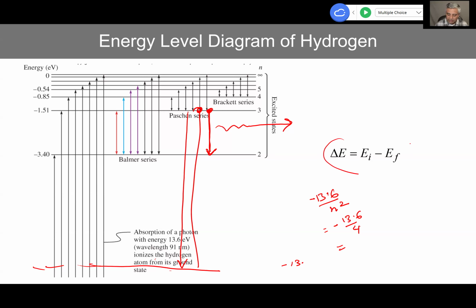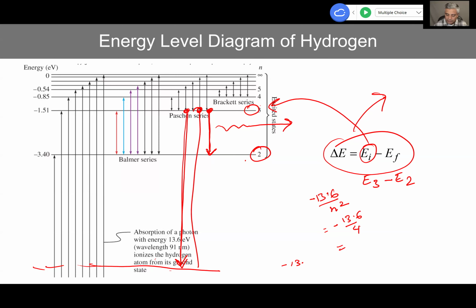That is given by this equation. So whatever the final is here, and initial is this. So if it's jumping from E3, that means it's E3 minus E2. Now, if it is jumping from n is equal to 3 to n is equal to 1, not 1, 2, that was for 2.